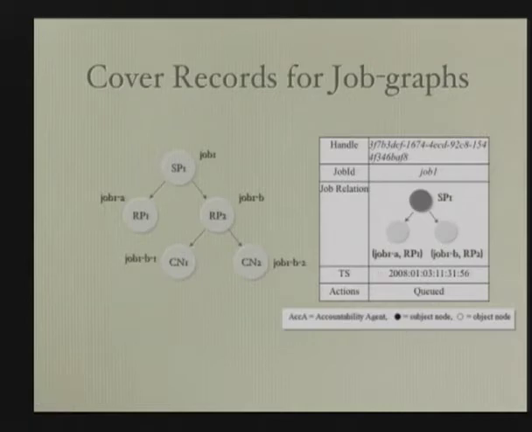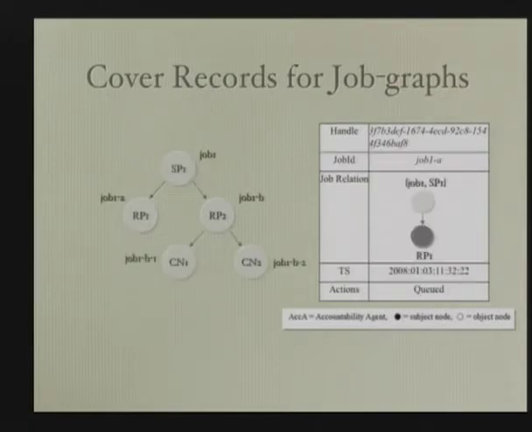Here is the cover record for the graph. In this case, the agent at SP1 only cares about job 1 and writes down all the records related to job 1, which is divided into job 1A and job 1B, with the handle information, job ID, and the timestamp when the job status becomes queued.